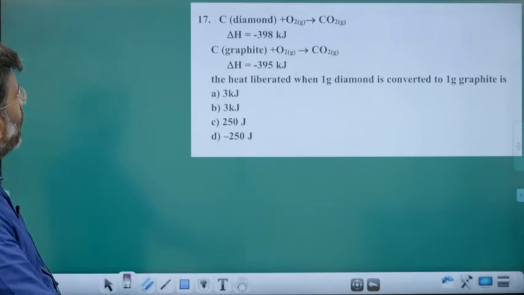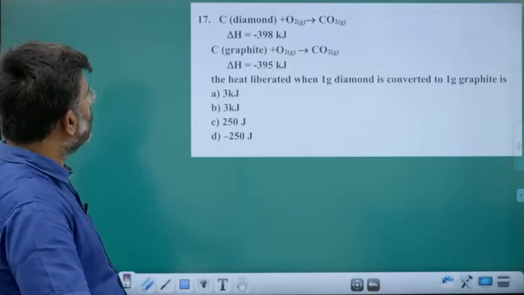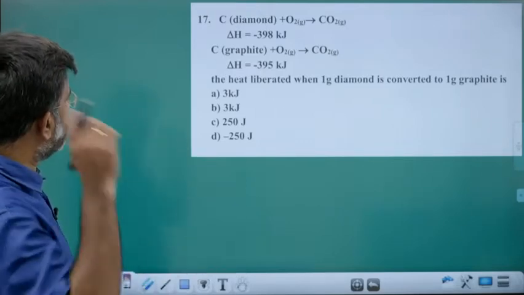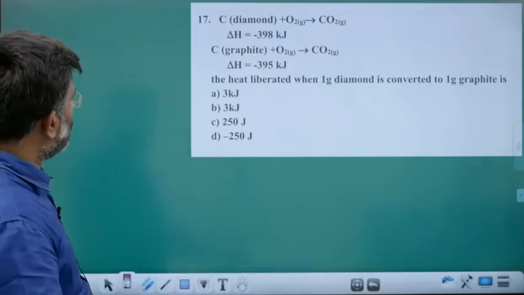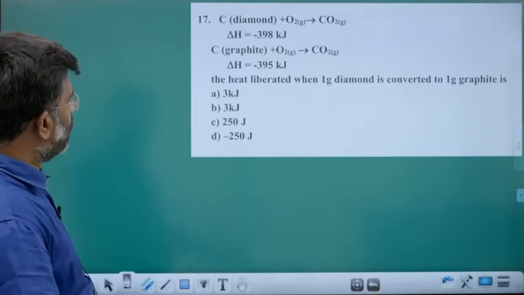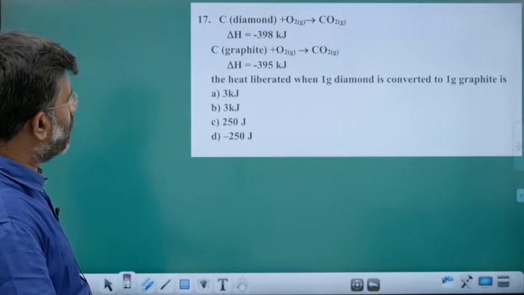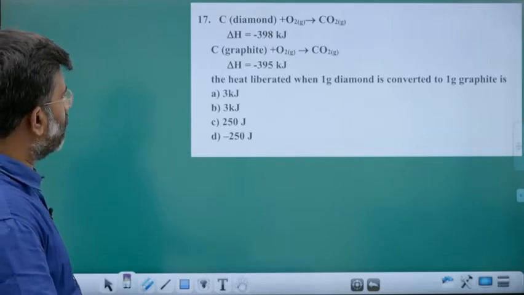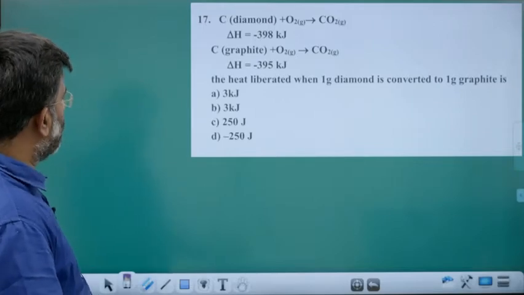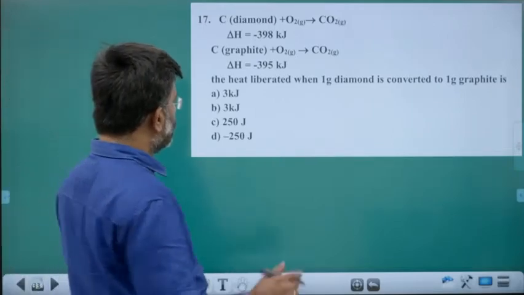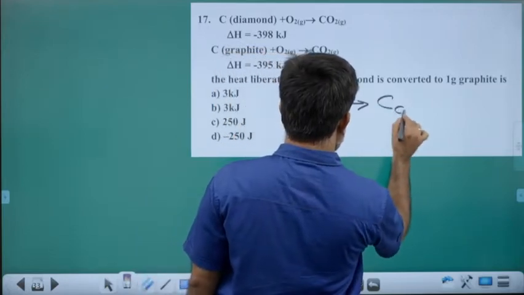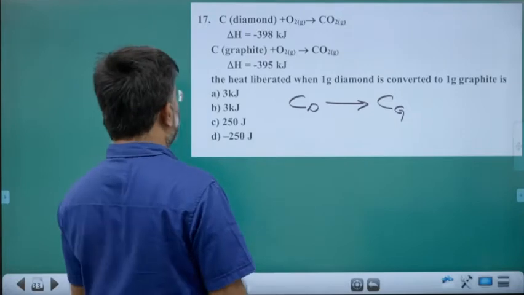Next, 17th question. Carbon diamond plus oxygen giving CO2, delta H available. Carbon graphite converted to CO2, delta H available. The heat liberated when 1 gram of diamond is converted to 1 gram of graphite. You see, C diamond converted to C graphite. What is the value?